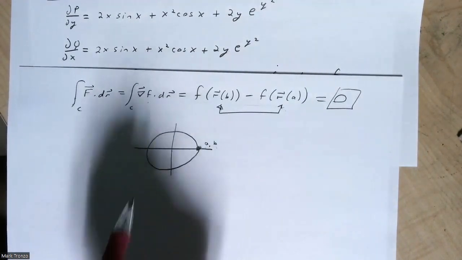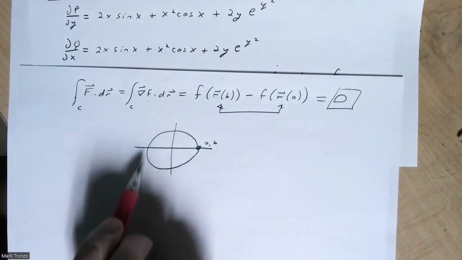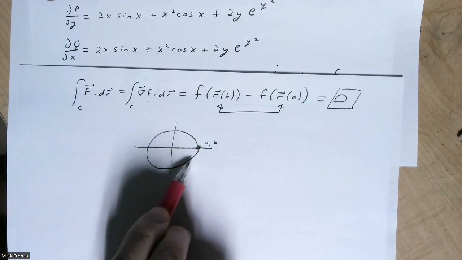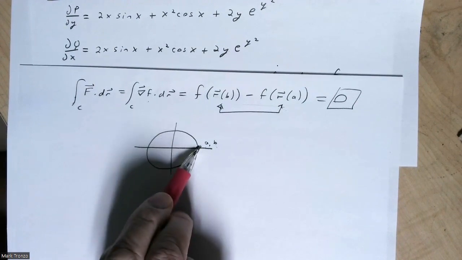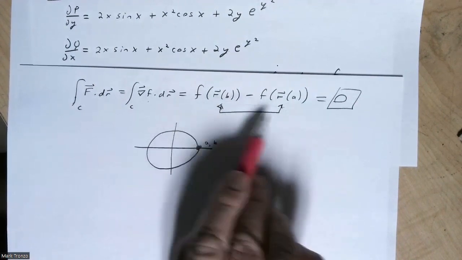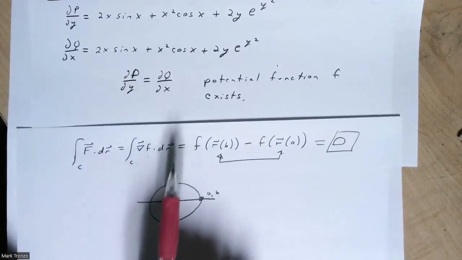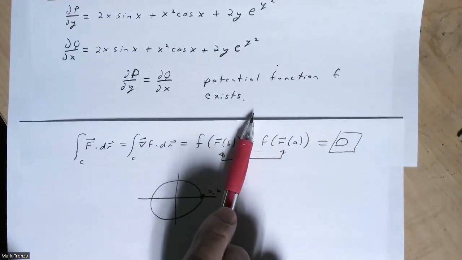Again, this would only be true in a closed, smooth curve where you're starting and ending at the same point. We're traversing a circle, so we're going to start at the same point as we're ending. So this is going to be 0. Again, though, the important thing is that we had to verify that we had this potential function.